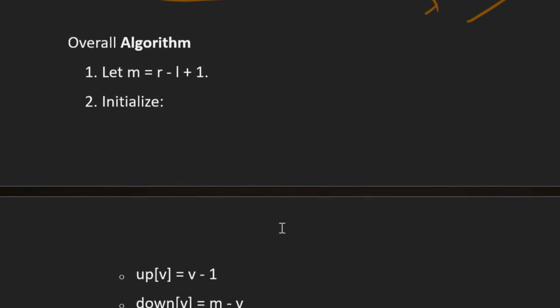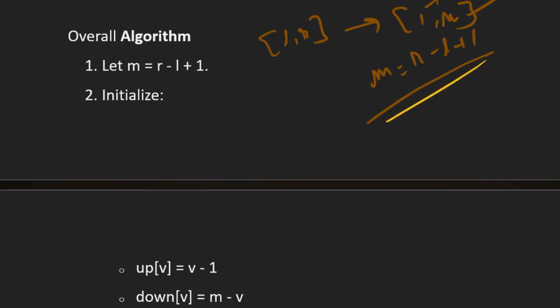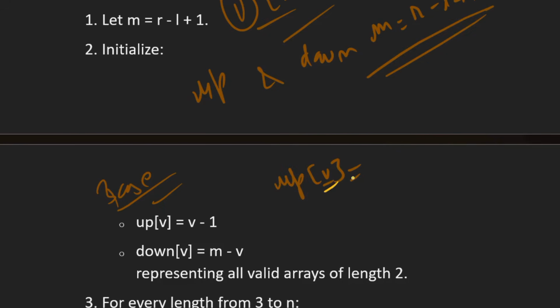So if you see the overall algorithm, first of all we shift the range from L to R to 1 to M, where M will be R minus L plus 1, right? Then we'll initialize the two arrays, up array and down array, and this will be our base case. For the up array, we have seen up of v will take all the smaller elements that are smaller than v, that is v minus 1, and down of v will take all the elements that are greater than v.